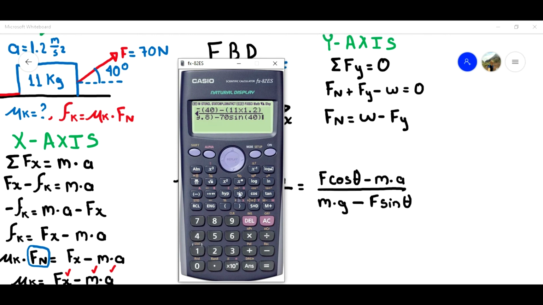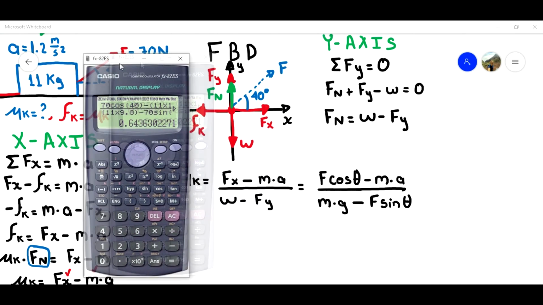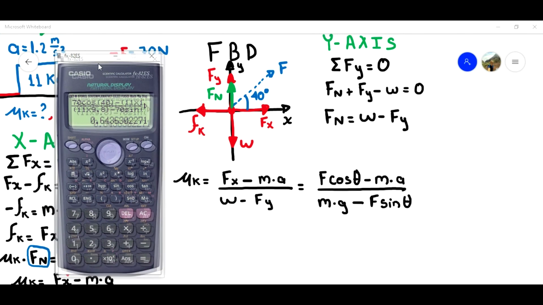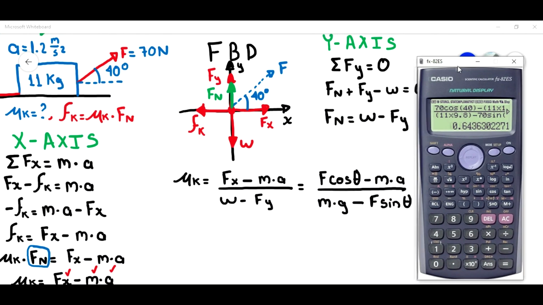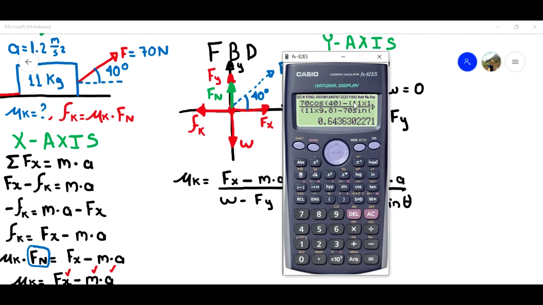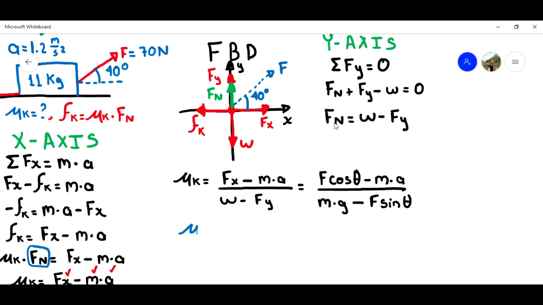Okay, so I'm gonna press the equal button, and that is the kinetic coefficient of the friction force. Remember that this value over here does not have units, so the coefficient equals 0.6436.